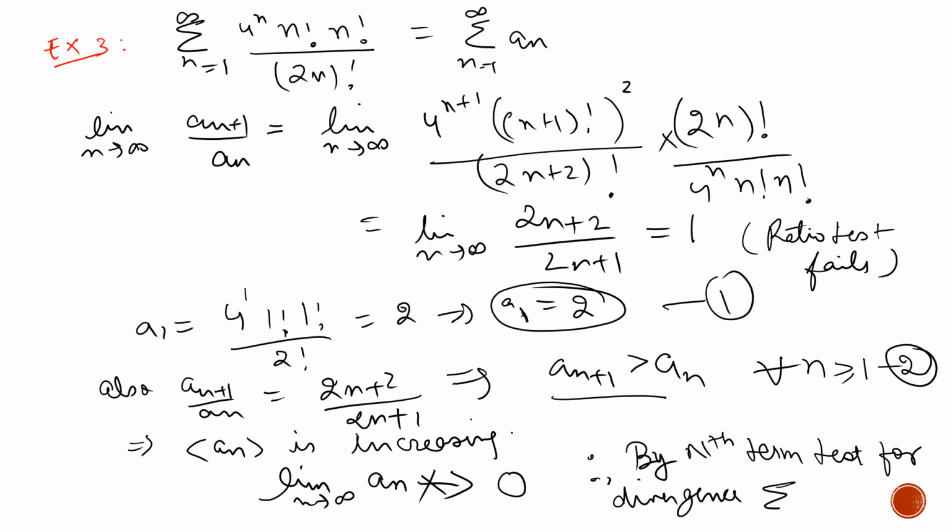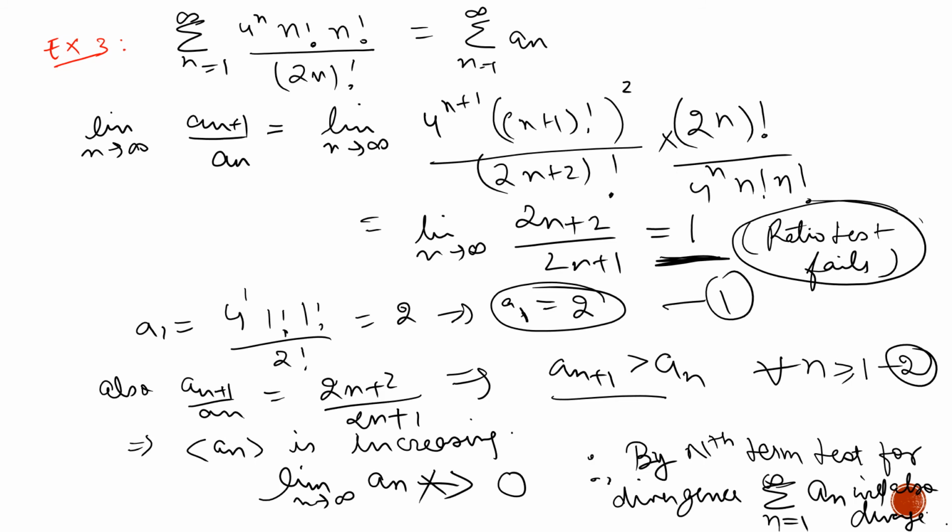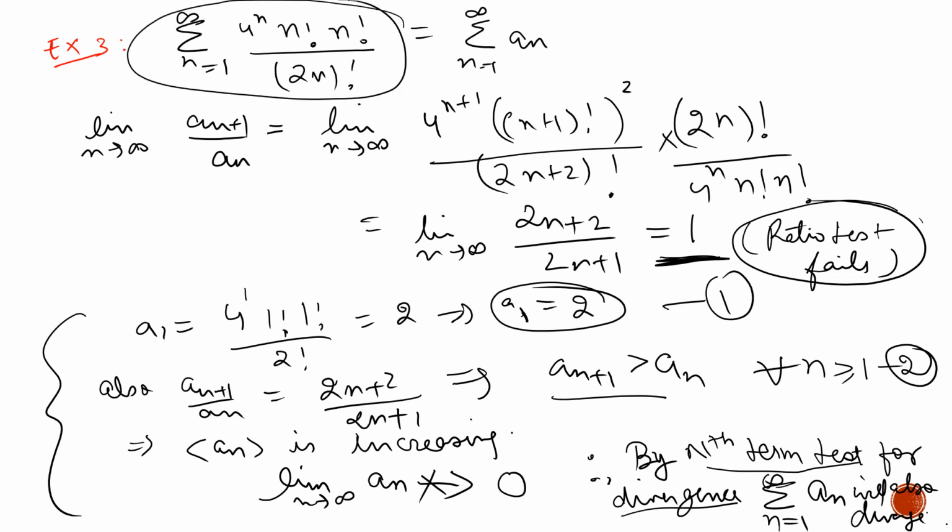I can say the series from n equal to 1 to infinity of an will also diverge. It is clear that in this the ratio test fails because your k value is coming to be 1, but you applied another test, the nth term test for divergence, to conclude that this series is ultimately divergent.